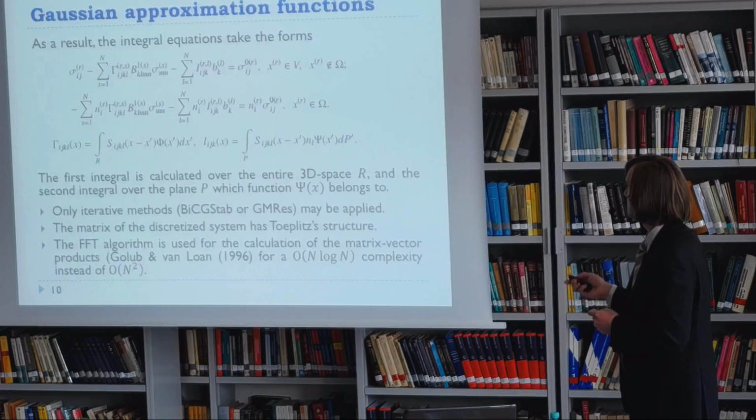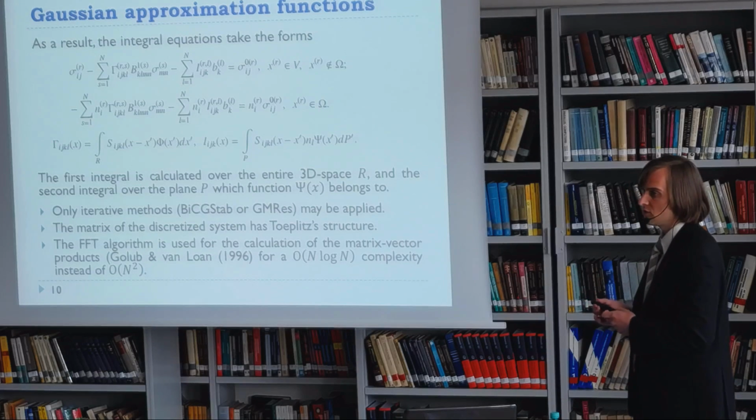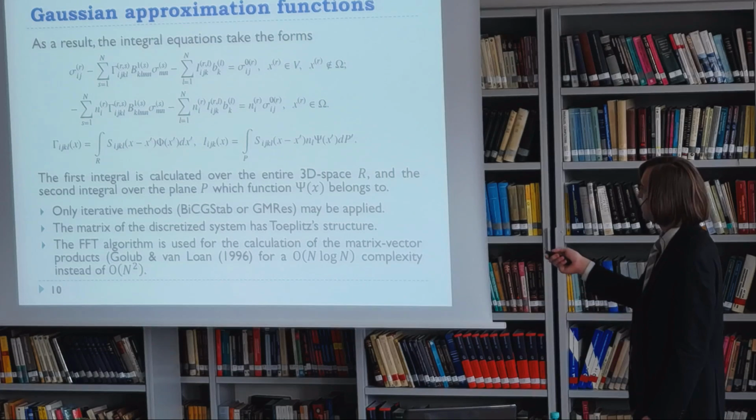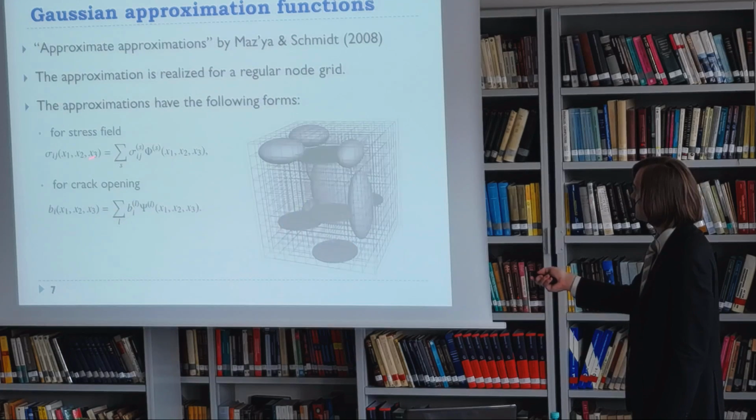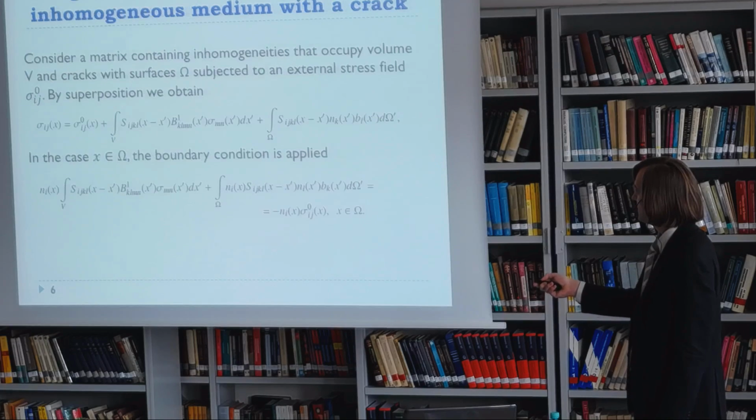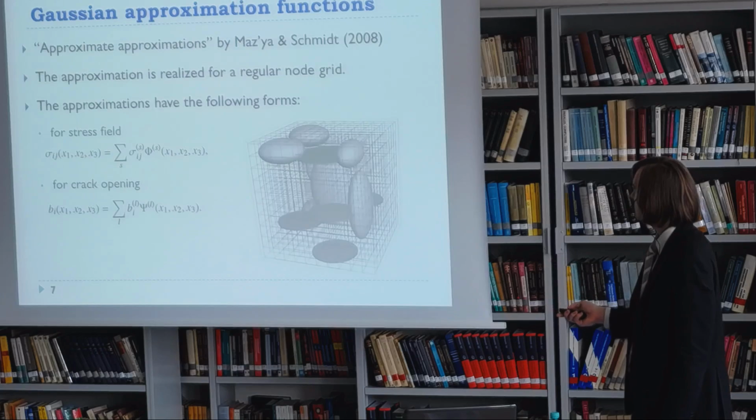So let's come to the substitution of our solution into the integral equations. Let's come a bit back. We take these approximate solutions and substitute them into these integral equations.